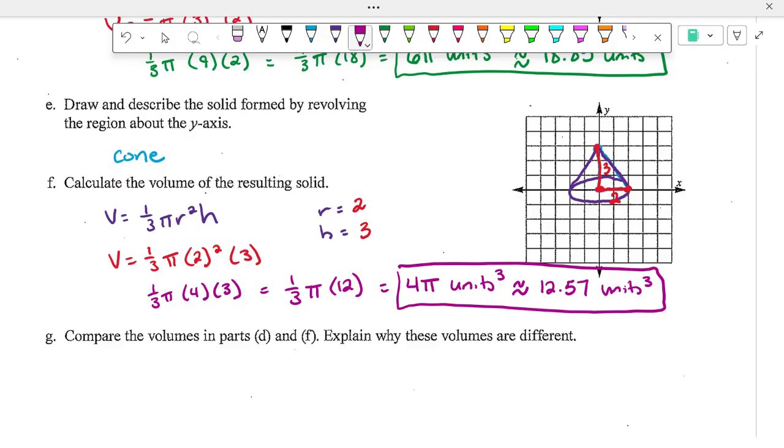So just like last time with the cylinder, even though we're using the same numbers, we got different volumes. Why? Because of that square again. Because of the r squared, or what we plug in for r squared, we get different volumes, even though we're using essentially the same numbers.